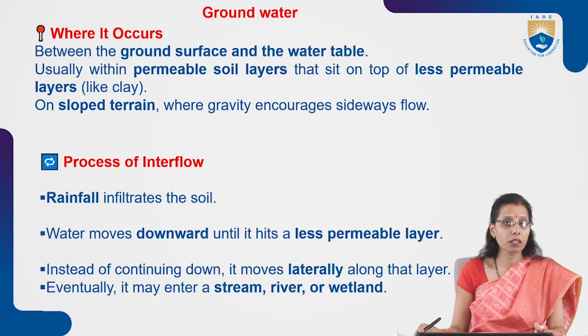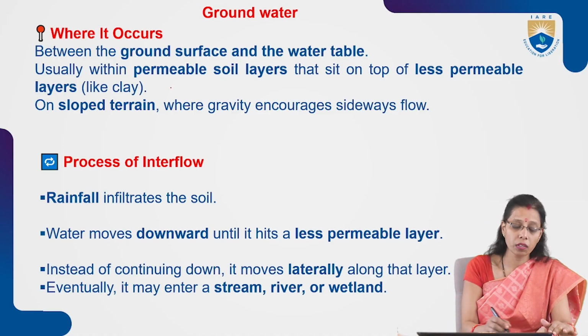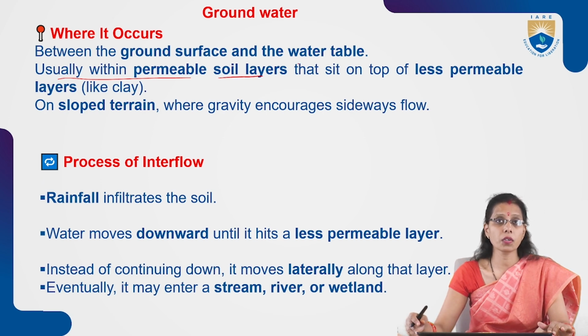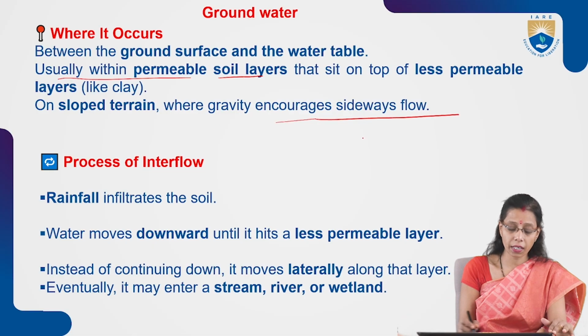Basically, it occurs between the ground surface and the water table, usually within permeable soil layers that sit on top of less permeable layers, like clay, on sloped terrain, where gravity encourages sideways flow.